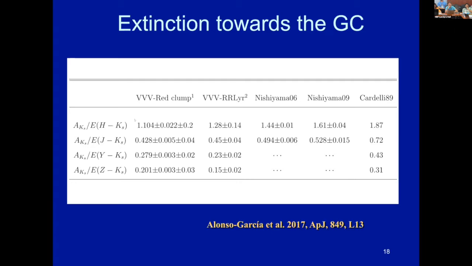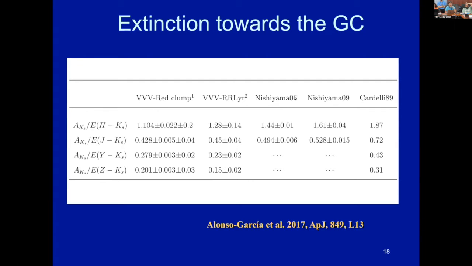As you can see, the values that we are obtaining are smaller than the ones obtained using the canonical law from Cardelli, and they are even smaller than the values found by Nishiyama and collaborators in some cases.